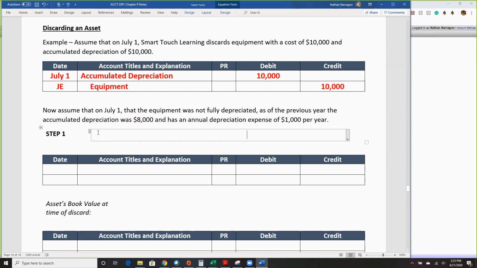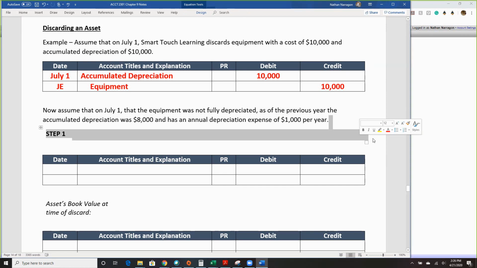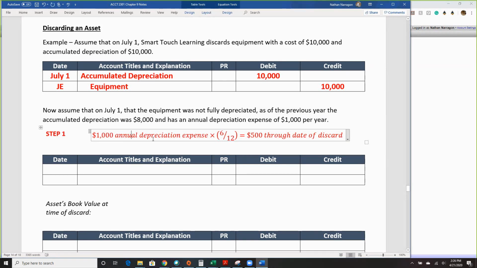So, to solve for this one, I would take that $1,000 annual depreciation, times it by 6, divided by 12, basically 1/2. So, up to the date of discard, we have $500 of depreciation we have to account for.